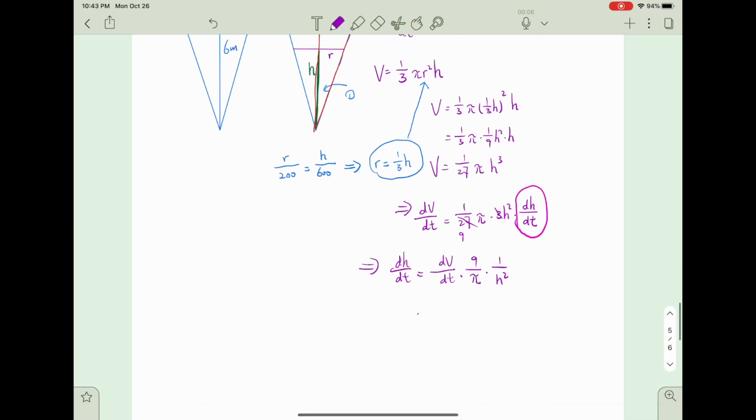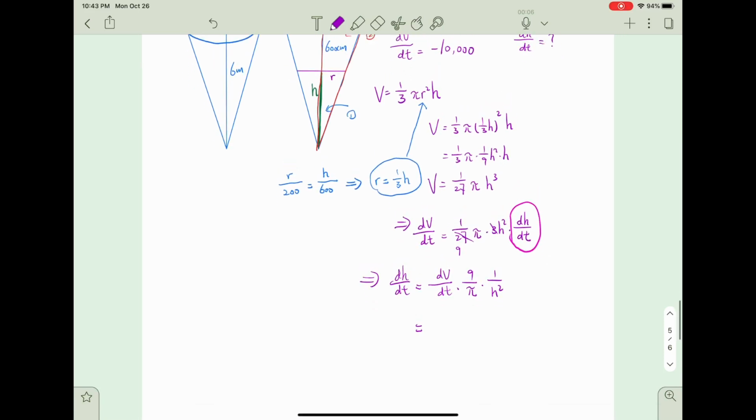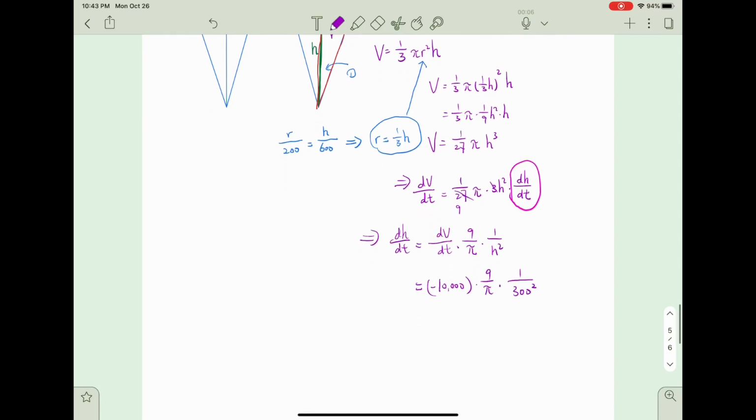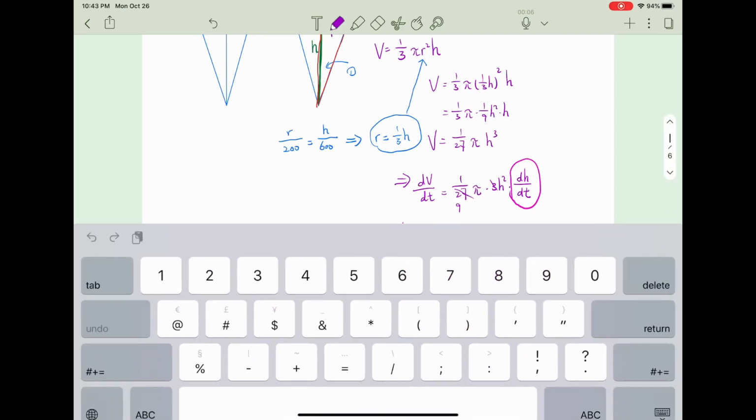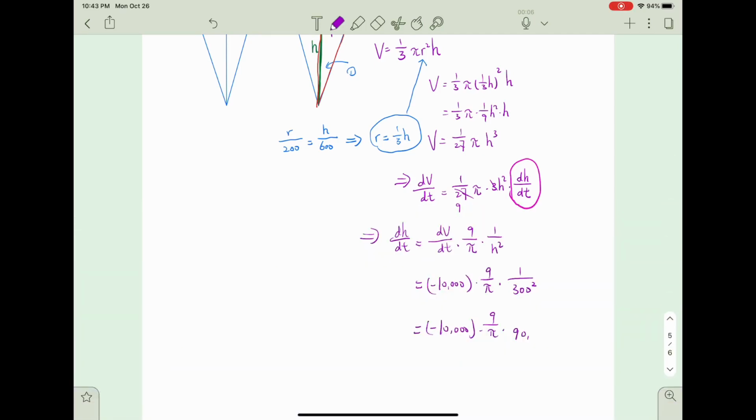Then we plug in everything. dV dt is equal to negative 10,000, times 9 over pi. h is equal to 3 meters, which is 300 centimeters, using centimeters right now. So that is negative 10,000 times 9 over pi, over 90,000.